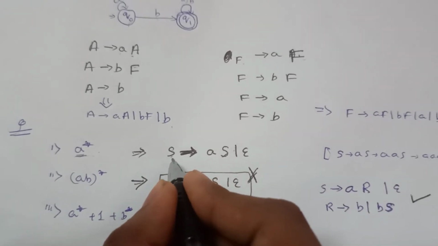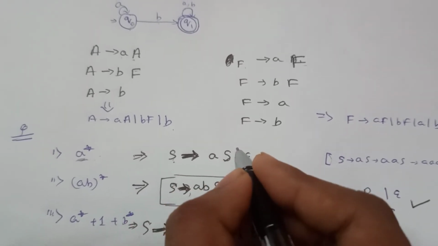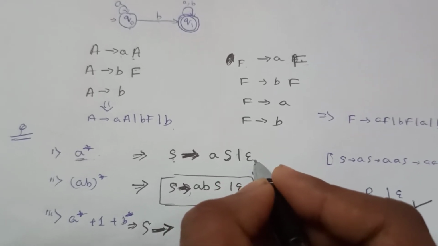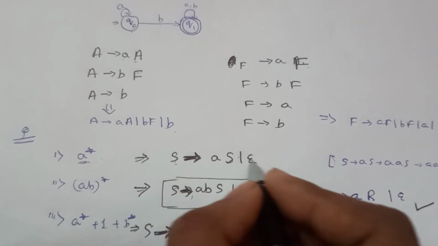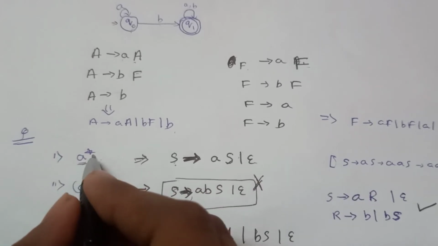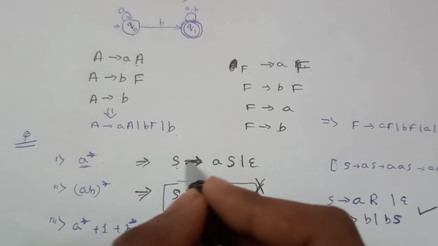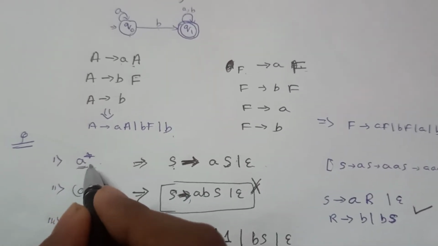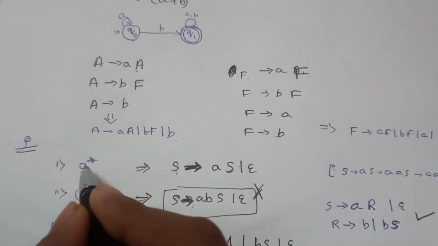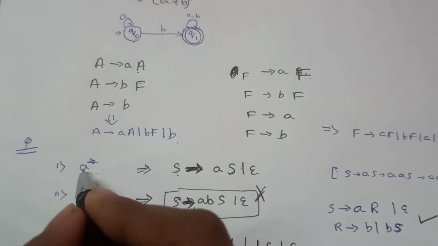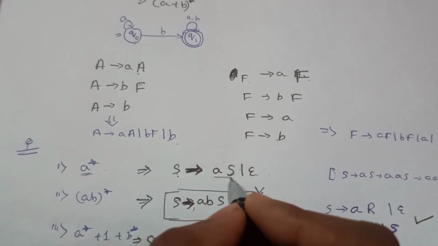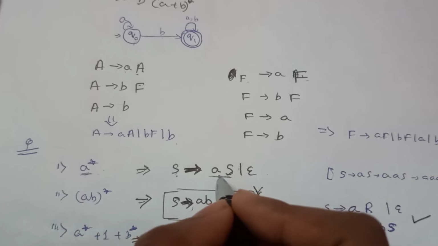So from S we first need to have a particular string, null. If S to null is accepted, that means here A star value being null is also accepted. And for every A, we can have any number of A's. So this is the particular grammar production rule for this.